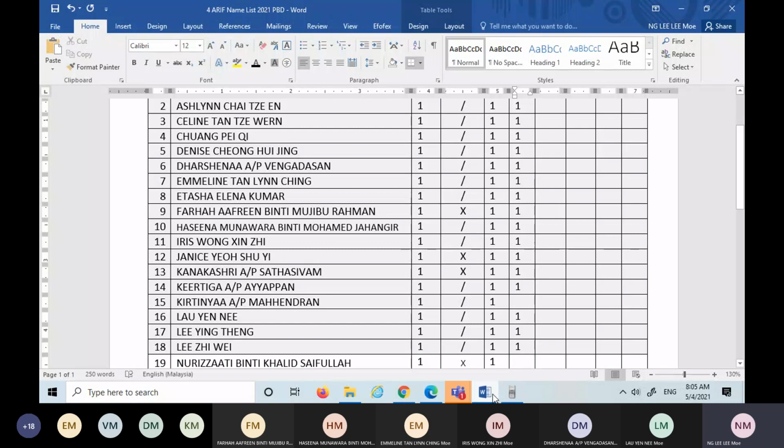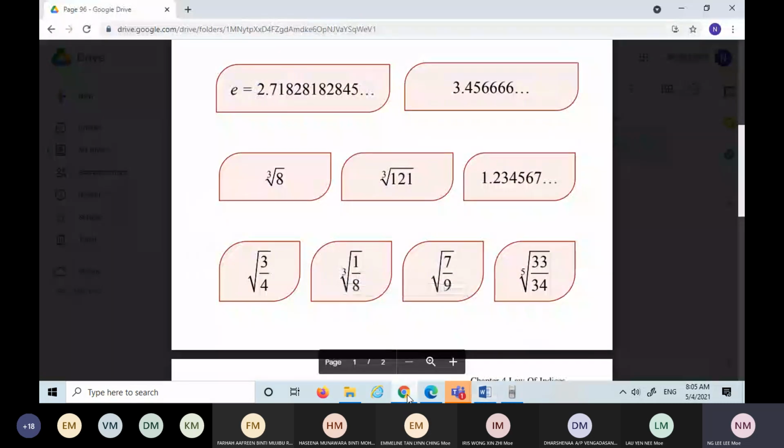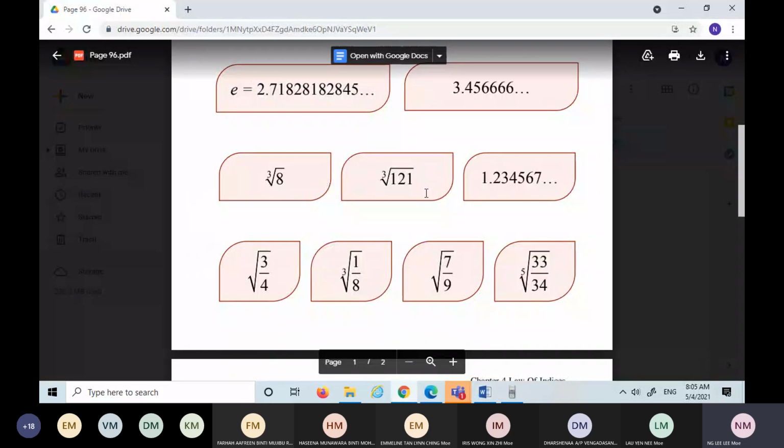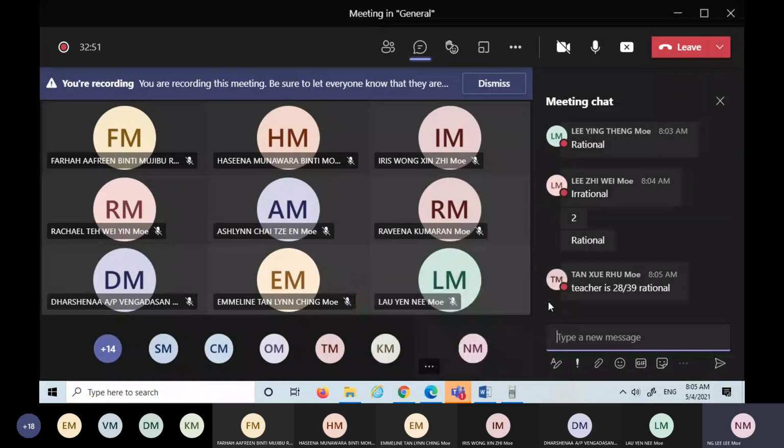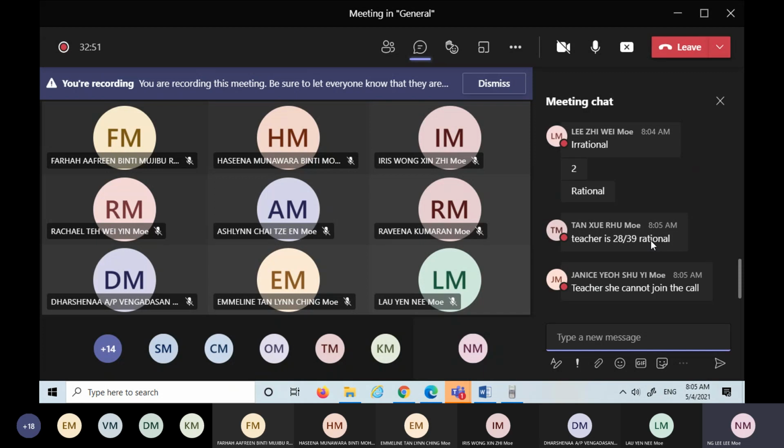Izati here. Teacher, is 28 over 39 rational? What do you think? Others can help? Teacher, she cannot join the call. Okay. Cheryl asks, is 28 over 39 rational or not? Come, I throw back the question to others.